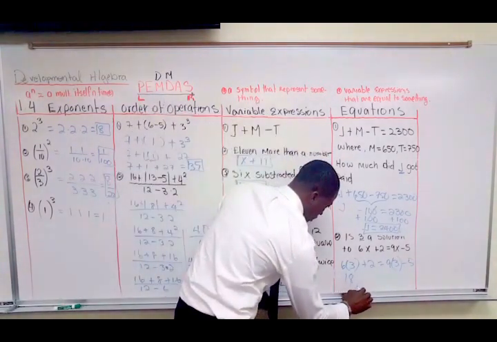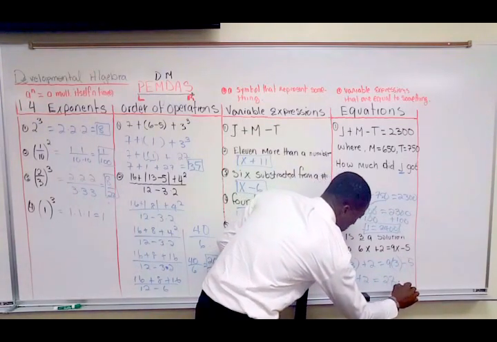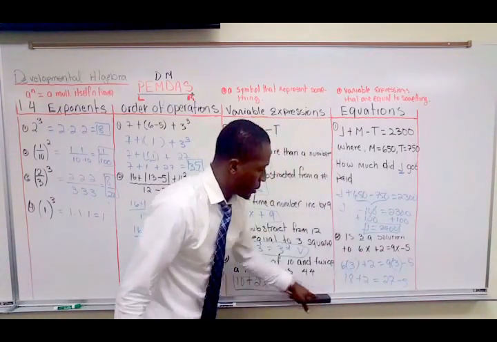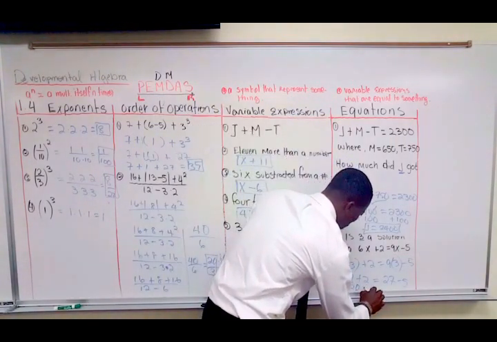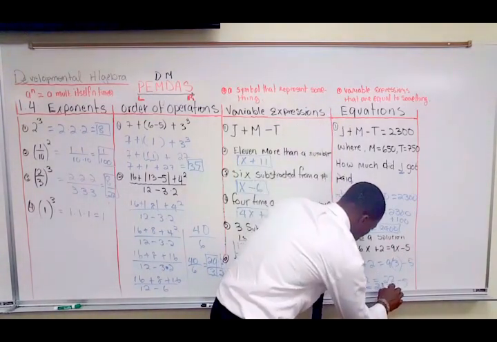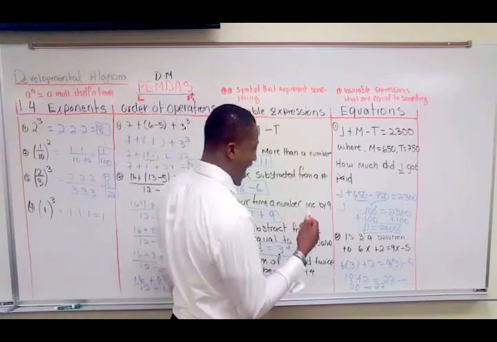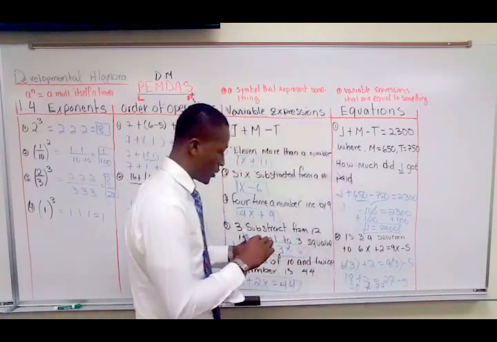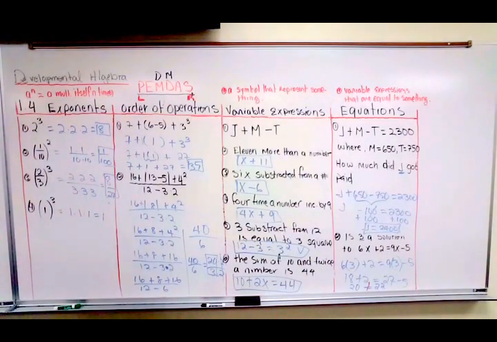Let's see. We have 18 plus 2 equal to 9 times 3, which gives you 27, minus 5. So 18 plus 2 gives us 20. Equal to 27 minus 5, that gives us 22. Is 20 equal to 22? No. So whatever they ask you to plug in to see if it is a solution to the equation, it's not. So we will say 3 is not a solution to the equation.